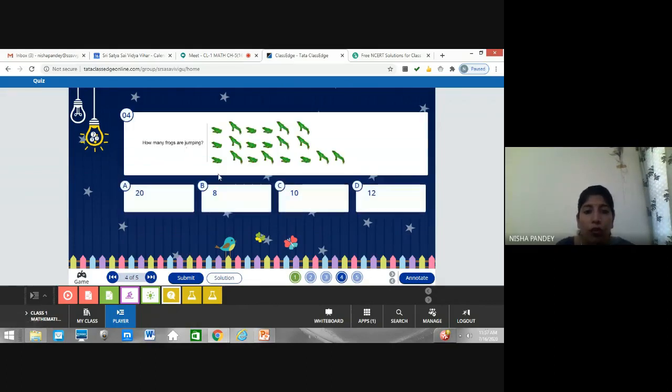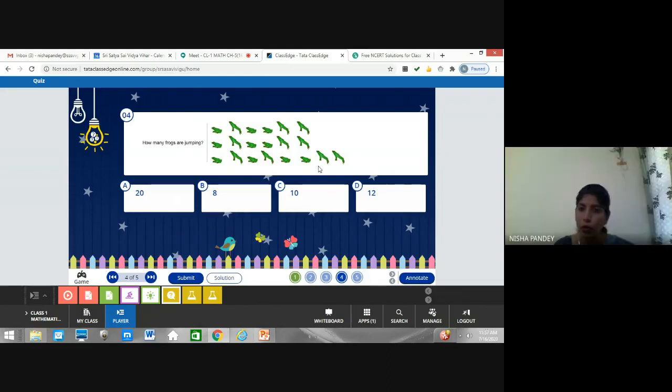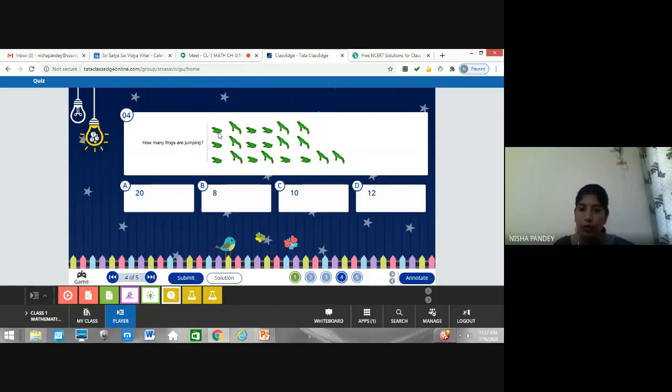How many frogs are jumping? 1, 2, 3, 4, 5, 6, 7, 8, 9. Ma'am, 10. No. Count it again. 1, 2, 3, 4, 5, 6, 7, 8, 9, 10, 11, 12, 13, 14, 15, 16, 17, 18, 19, 20.